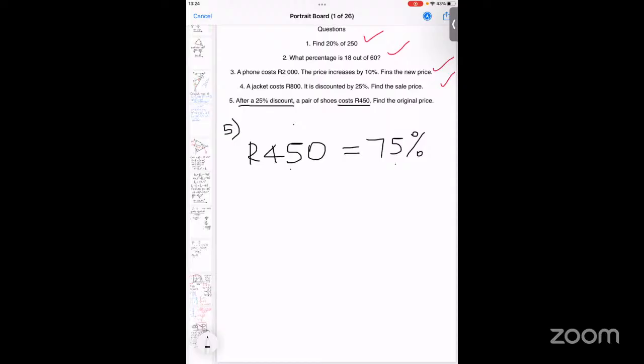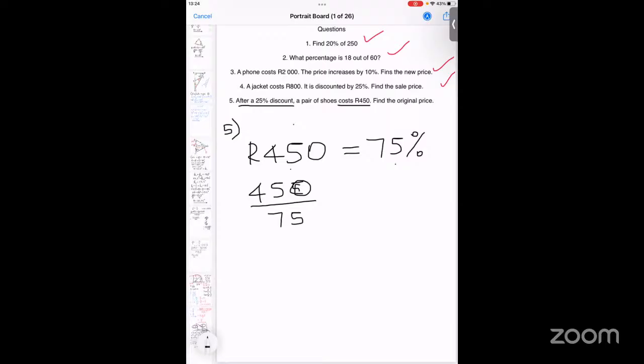You just want to know how much is 1%. Then to work out the 1%, you take that 450 rands, and then you divide it by that 75%.